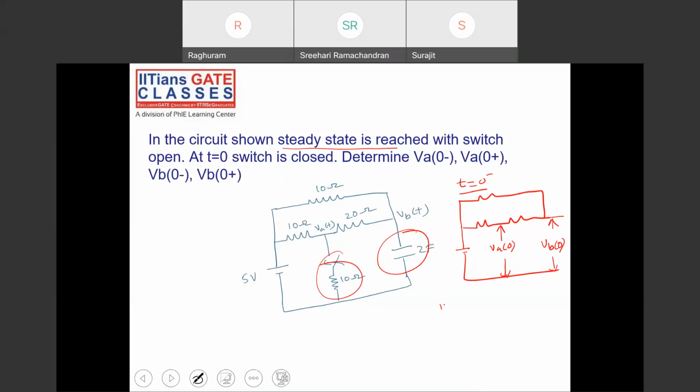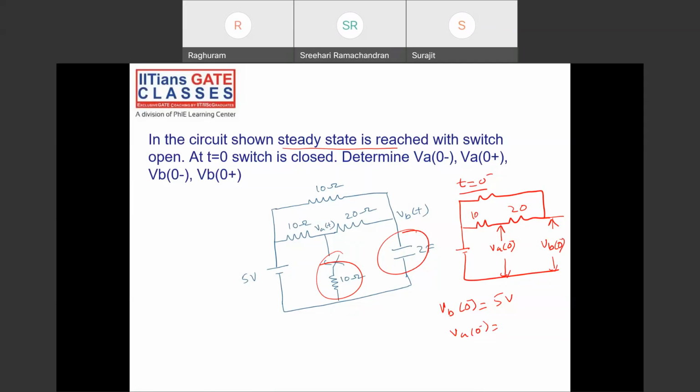So, what is VB of 0 minus? The total voltage, 5 volts, directly. And VA of 0 minus is 0 volts? How much?